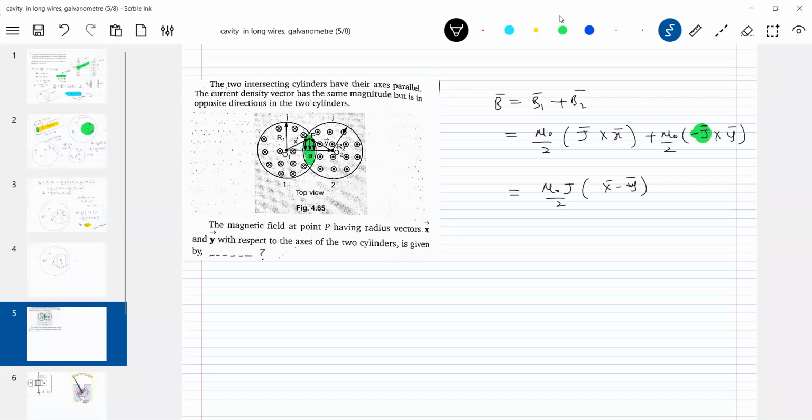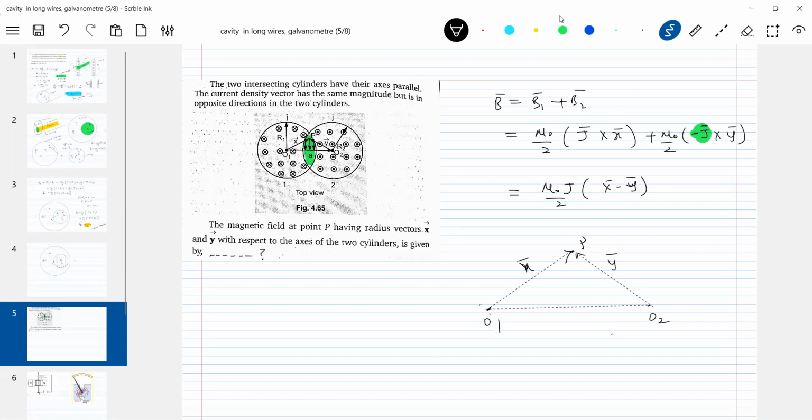So what is x bar minus y bar? The vector diagram will come like this. This is O1. This is x bar.